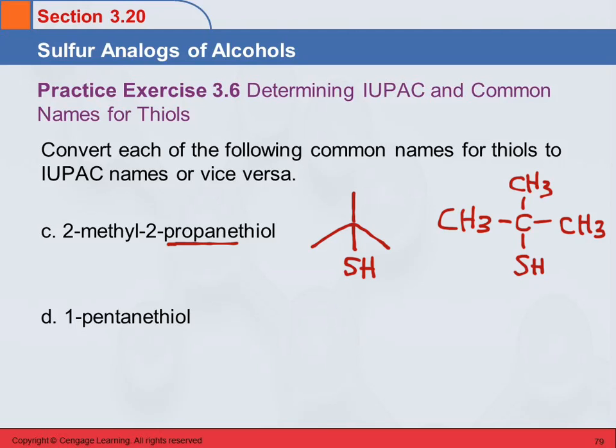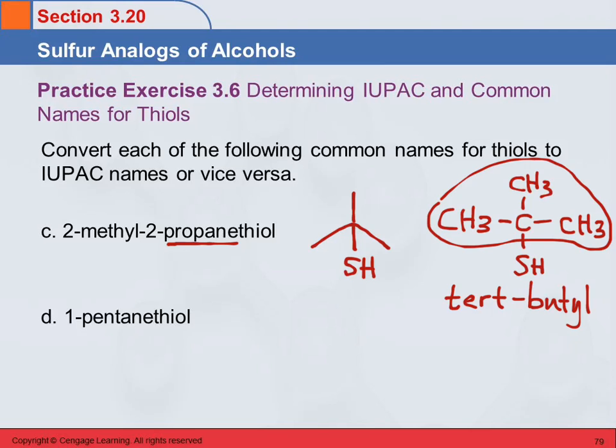Let me double check. So this group right here has the name tertiary butyl, tert-butyl, T-butyl, one of those. That's its common name. And so then the name of this would be tert-butyl mercaptan. Does that make sense?